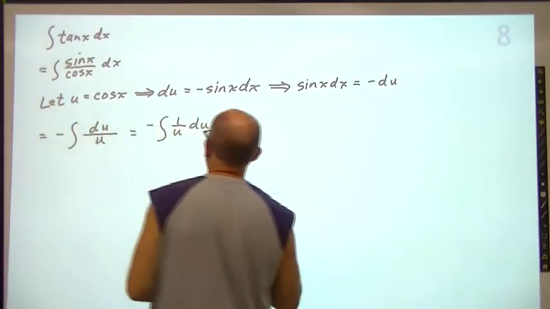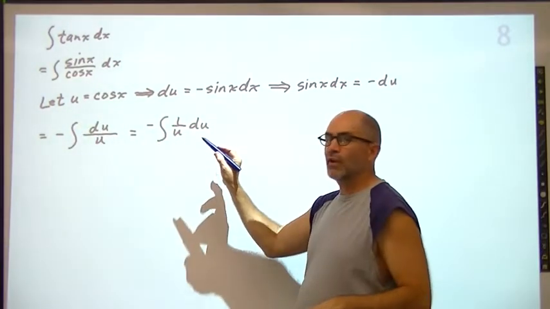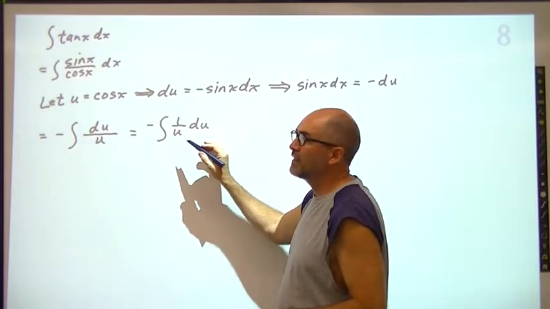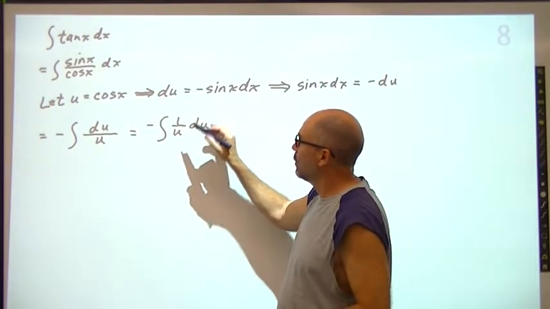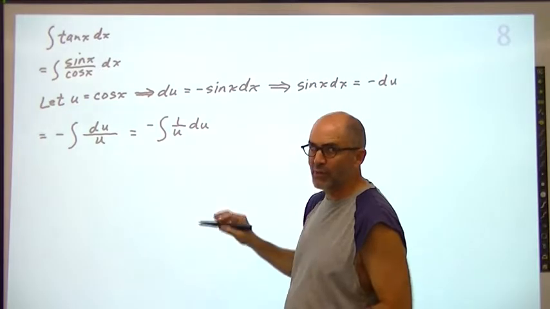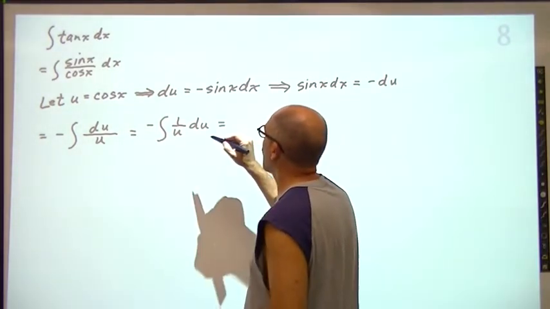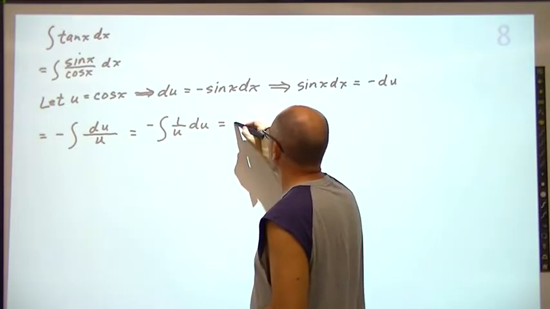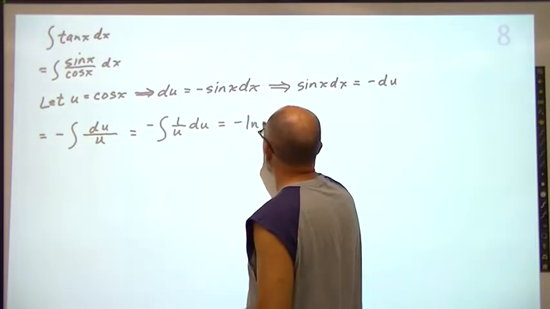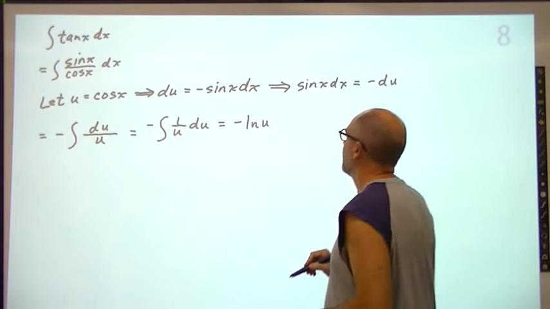Now, remember, the integral of 1 over u is not u to the 0 over 0. It is natural log u. So we have negative natural log u, plus c, of course.